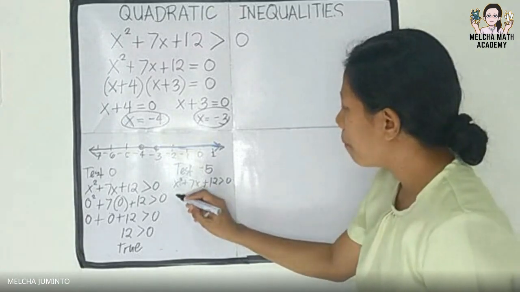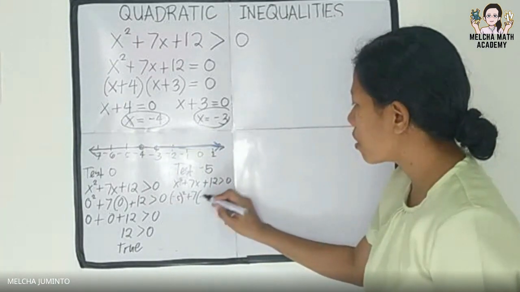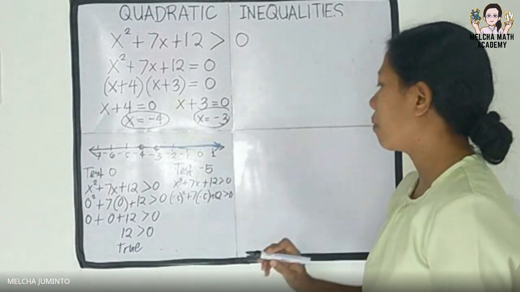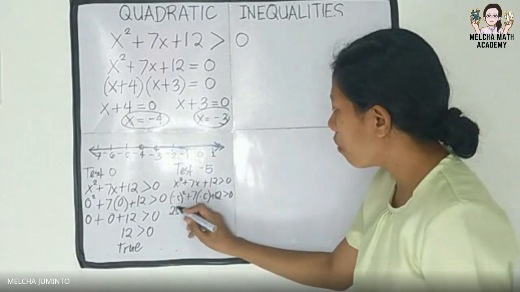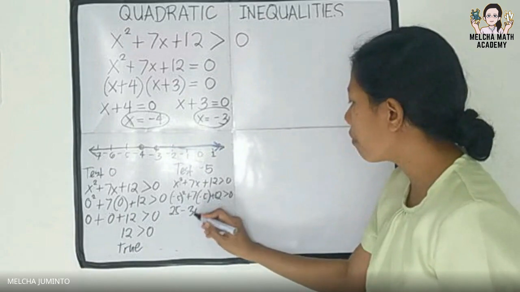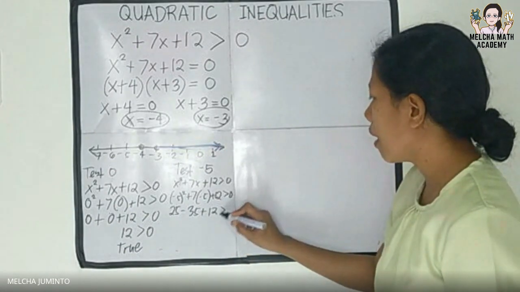It will become negative 5 squared plus 7 times negative 5 plus 12 is greater than 0. The square of negative 5 is 25. The product of 7 and negative 5 is negative 35, plus 12 is greater than 0.